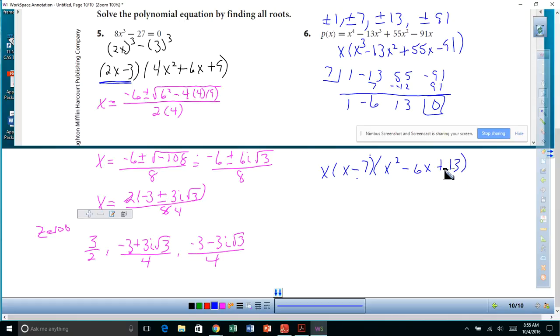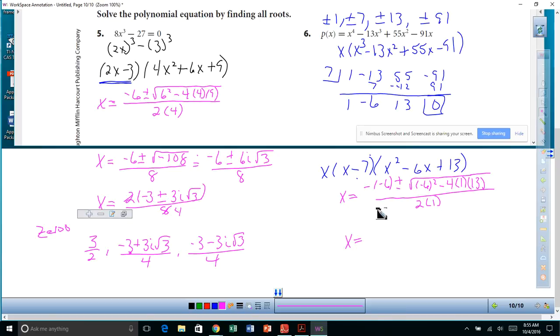Now, 13, the only factors of 13 are 1 and 13, and you can't make 6 with that, so we're going to have to use the quadratic formula. We've got x equals, and that's negative negative 6, plus or minus the square root of negative 6 squared minus 4 times 1 times 13, all over 2 times 1.